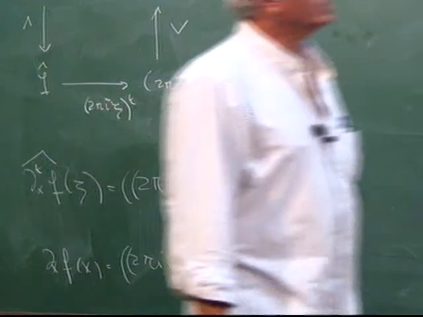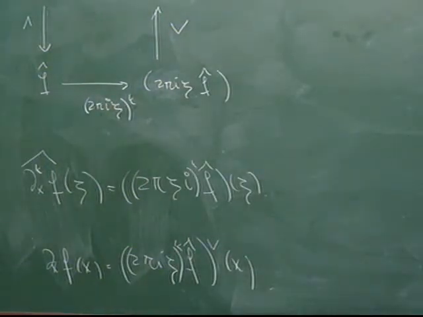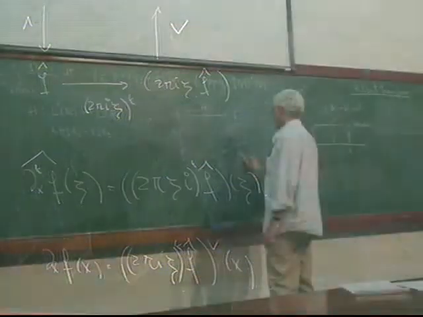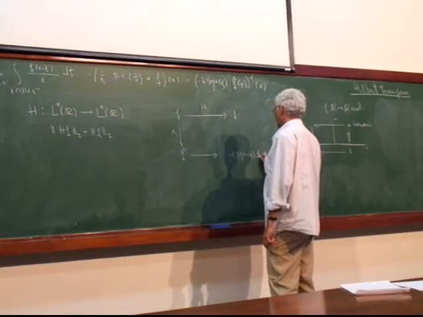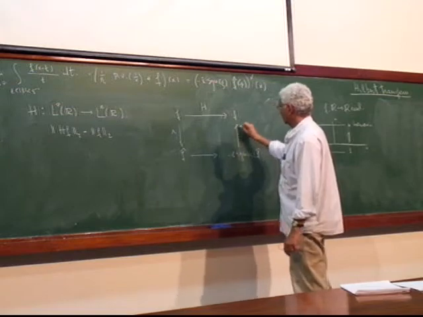Okay, then what is exactly the Hilbert transform? The Hilbert transform is doing this. It is taking the Fourier transform, multiplying by i sign, and going backwards.